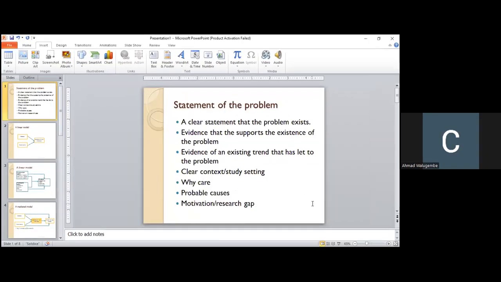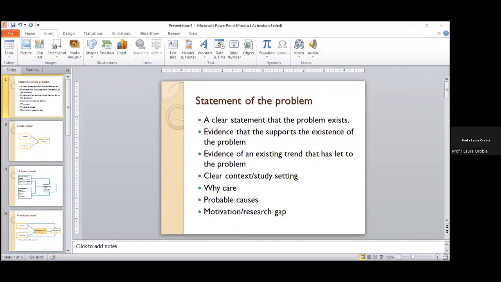Ahmed, I'll request for host rights so that I can share something small. I think I have some conceptual framework somewhere. Professor, you have the host rights. No, I don't. Do I have? Okay. You have. Sure. Can you see my screen?